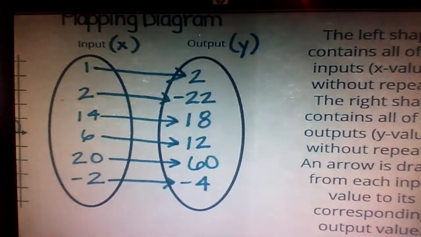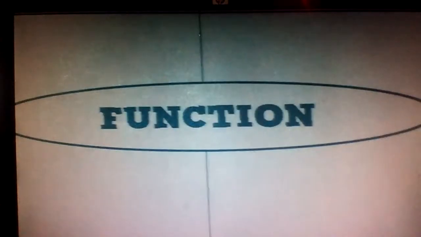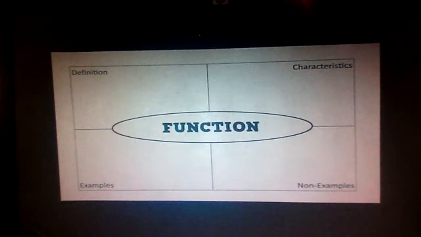Questions? Okay, quickly glue this in on page 18, and then we need to talk about functions. Function. This is what I'm good at. Okay, gluing in does not require talking. You get a lot more done when you are silent.